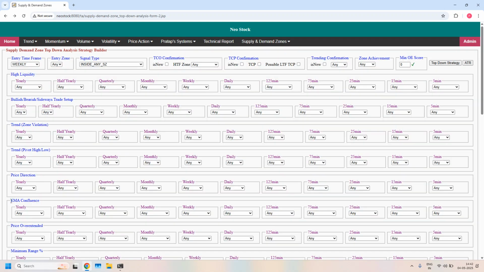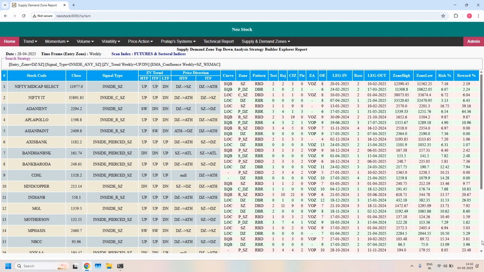So I'm going back to the EMA confluence at weekly time frame, setting the filter weekly supply zone having weekly EMA confluence, and also trend on the weekly should not be sideways. So I'm selecting up or down with these filters. Now the list is reduced. First 15 stocks in the list.